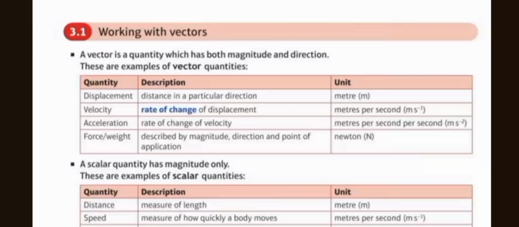Displacement is distance in a particular direction. It has unit meter. Velocity is the rate of change of displacement, unit meters per second.